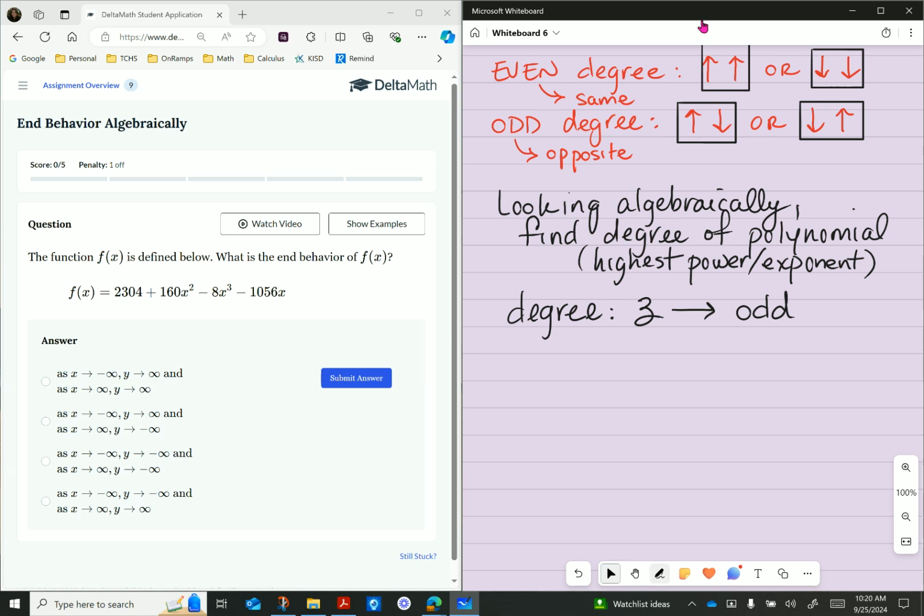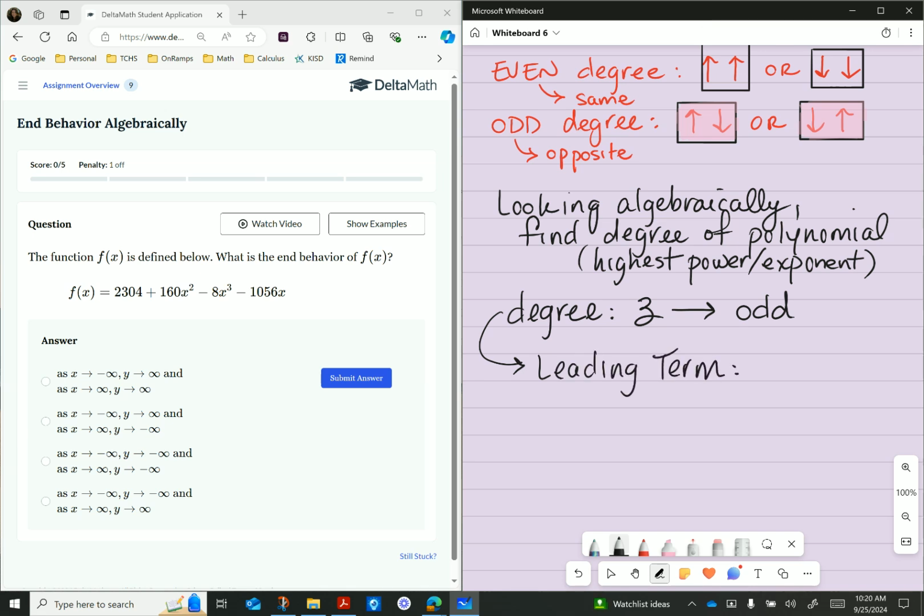Because it's an odd number, I automatically get to eliminate the other choices, and my only answer choices are the ones I'm highlighting right now, because it's an odd degree. So far, are we okay? Now, once you know what the degree is, you already know what your leading term is.